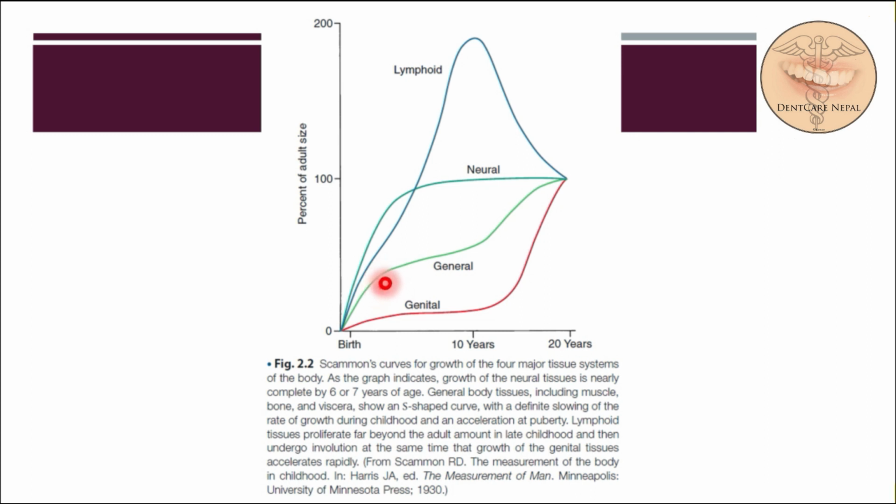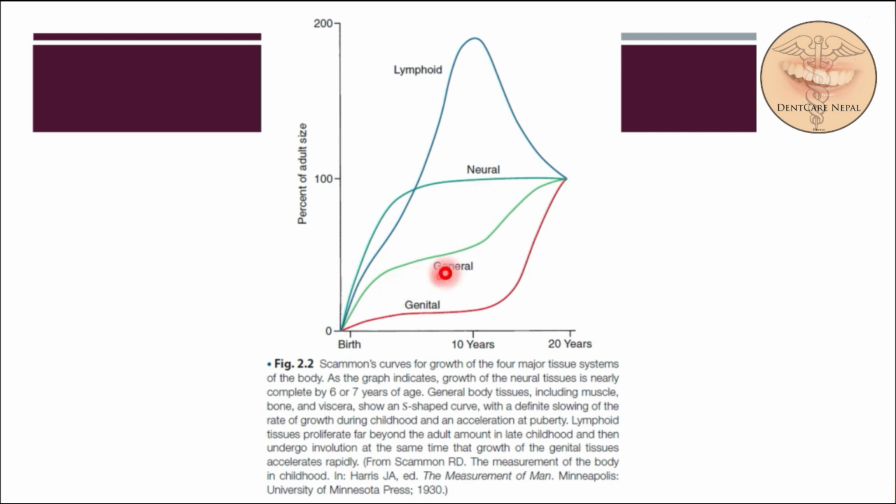After the infantile growth spurt, it is relatively flat for some time, and again during the prepubertal growth spurt, it inclines sharply. In the genital reproductive system, up to 10 to 12 years the organs are not well developed, and in the pubertal growth spurt the growth is marked.